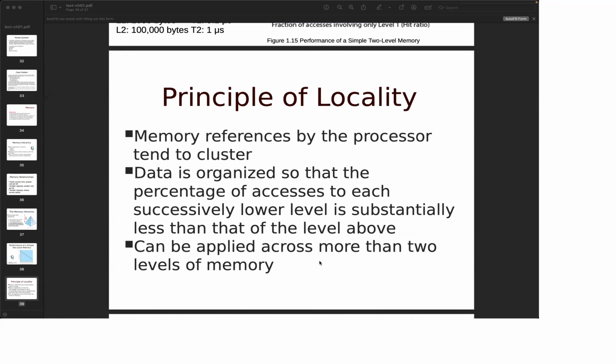The principle of locality is that memory referenced by the processor tends to cluster, and data is organized so that the percentage of accesses to each successively lower level is substantially less than that of the level above. It can be applied across more than 2 levels.